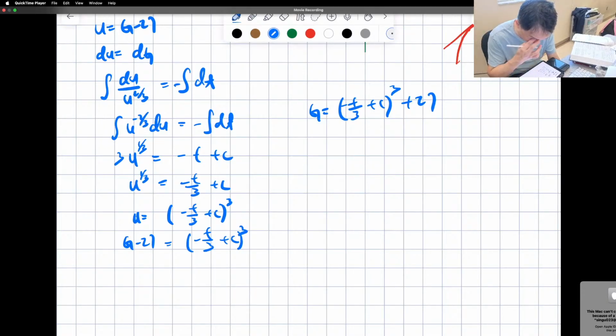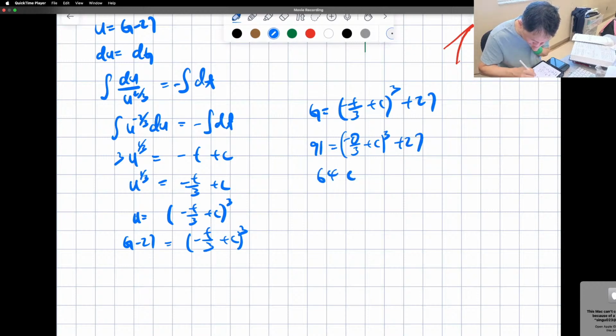So what's the initial condition here? It's 91, right? So 0 over 3 negative plus c to the third plus 27. So that's 64 equal to c to the third. C is equal to 4. So I'm going to plug that in. g equals (negative t over 3 plus 4) to the third plus 27.